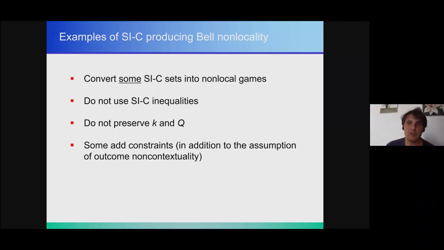Actually, none of this work uses inequalities, no contextuality inequalities. And of course, they then do not preserve the gap between quantum and classical in the conversion. In addition, in the particular case of nonlocal games, most of them add extra constraints inspired by quantum theory, satisfied by quantum theory, but which are not satisfied by general non-contextual models.